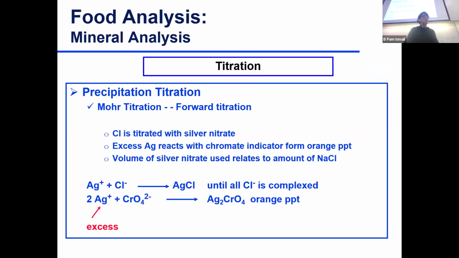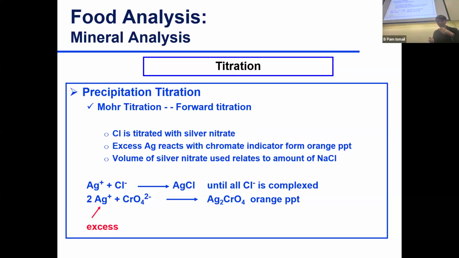Mohr titration is a specific titration to determine salt, NaCl. And we call it forward titration because it's simple. You just titrate with excess silver nitrate, I believe. Yeah, so silver nitrate is the titrant, and you use a chromate indicator.